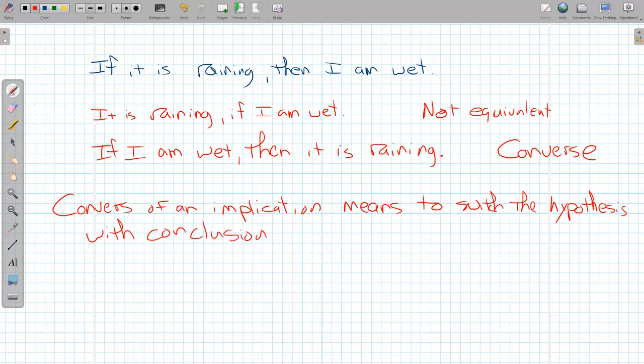And in the original version I gave, it is raining is the hypothesis and I am wet was the conclusion. And a converse is not necessarily equivalent to the original implication.